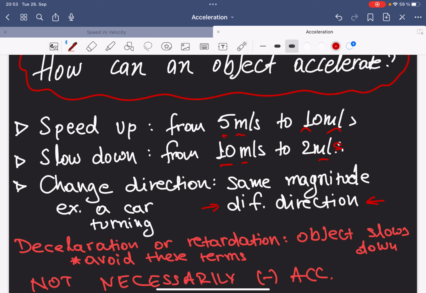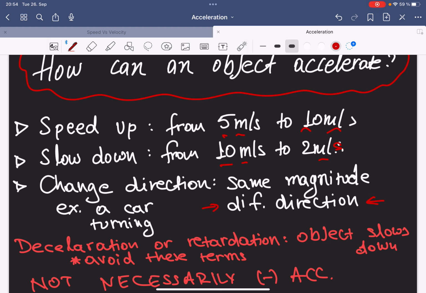Now, quite often in textbooks, we see the terms deceleration or retardation. And this simply means that the object slows down. I want you, that's my tip, to avoid these terms. Because usually what happens to students is that they connect these terms with negative acceleration.